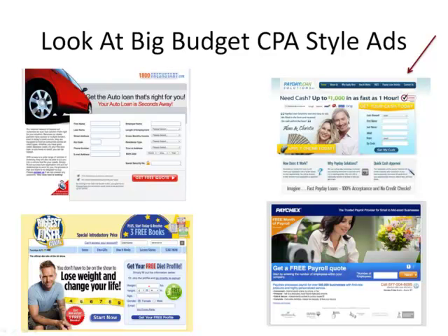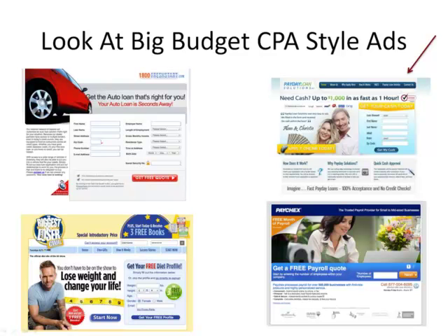You can generate those leads and get paid just for the lead. Education, lots of online colleges, things like that pay big bucks just for leads. And believe me, when they're paying that much for leads, they're spending a ton of money on testing their landing pages.